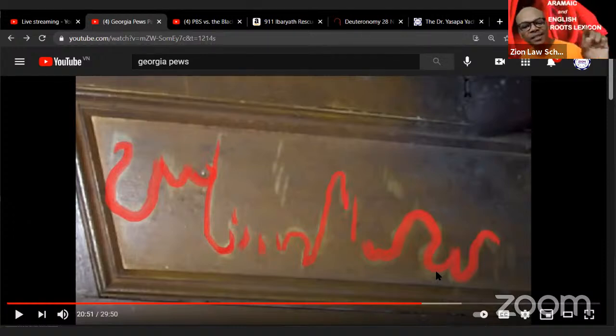Isn't that appropriate, right? That they would be in the church and then they would write that on the pew, right? Why? Because this is part of the contract. The instructions, and then Deuteronomy chapter 28. So the terms of the contract, the terms of the covenant. All right, so this makes sense.